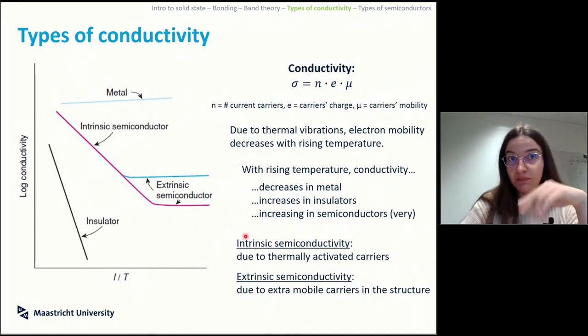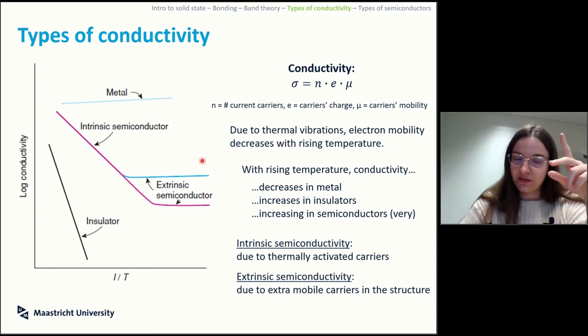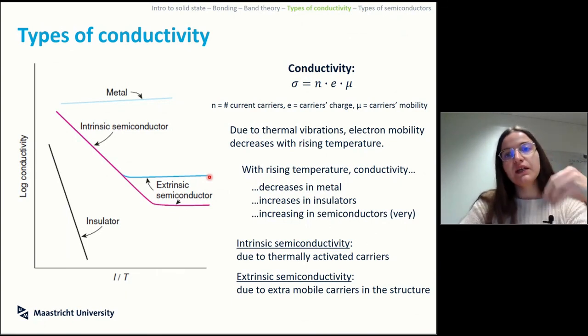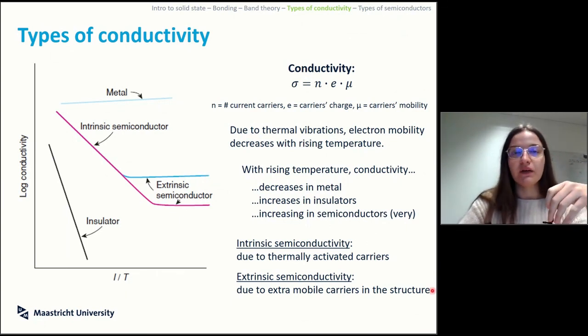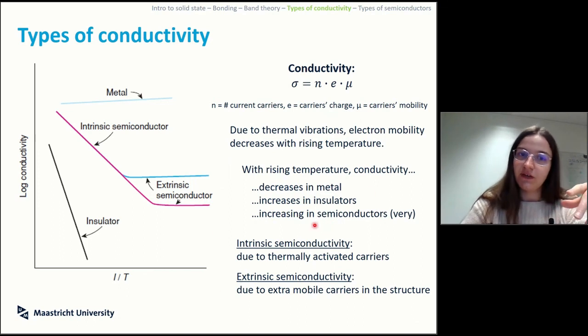They can only jump because you make them jump with temperature. In extrinsic semiconductivity, that you can see starts higher, you already have some carriers in the structure that are mobile. Now, this concept is something that we are going to explore more in the final part of this lecture in the third video.